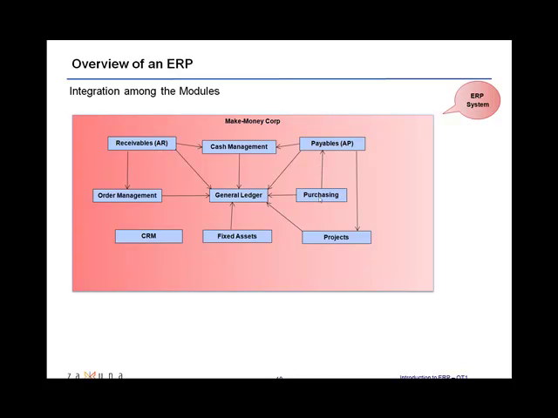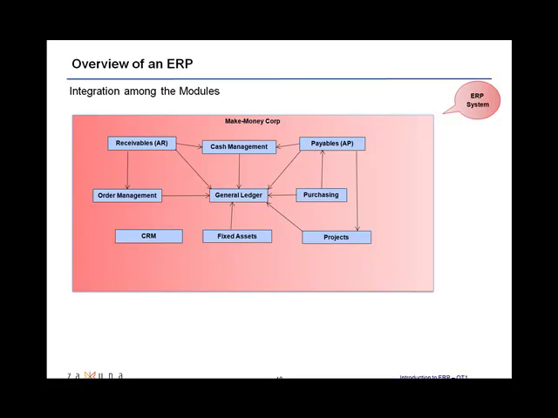When purchasing makes a purchase from a vendor and the vendor sends an invoice to payables, before paying that invoice, it can do a lookup into purchasing to make sure there was in fact a purchase made with that vendor. And once that vendor is paid, those details flow into the general ledger, which is the book for the business and records all the transactions happening within the company.